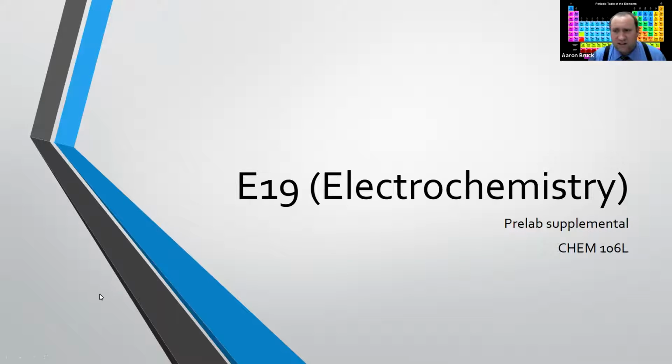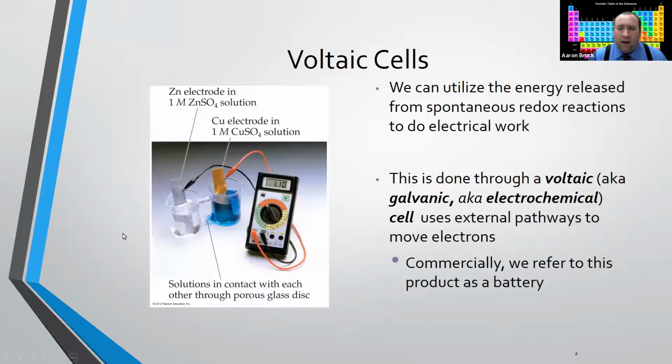So let's talk a little bit about what electrochemistry is. That'll go a long way to explaining what we're doing in this lab and how we're doing it. Electrochemistry is kind of the natural thermodynamic offshoot of redox reactions.